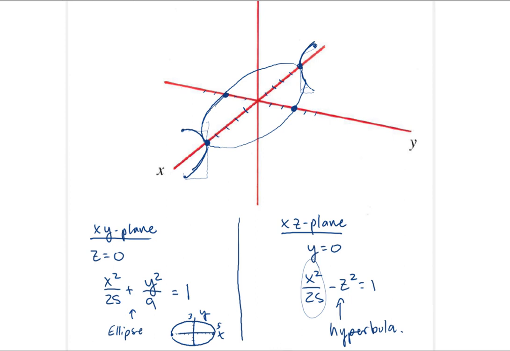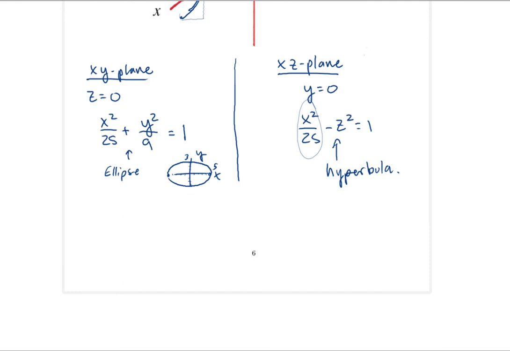And then I need to do the same thing with the YZ plane. That's also just going to give me a hyperbola. So the YZ plane is going to be y squared over 9 minus z squared equals 1.